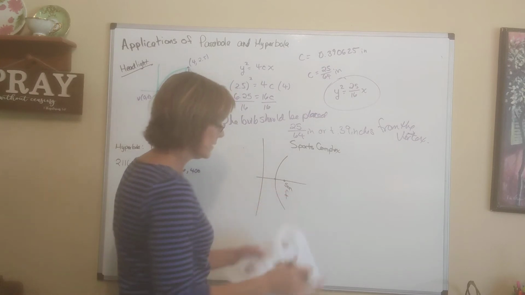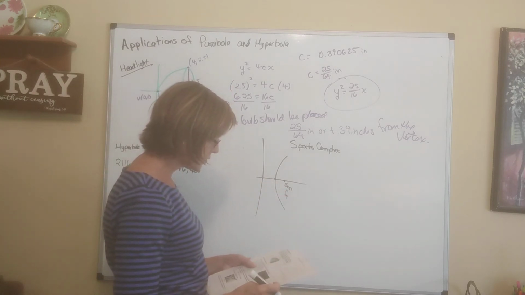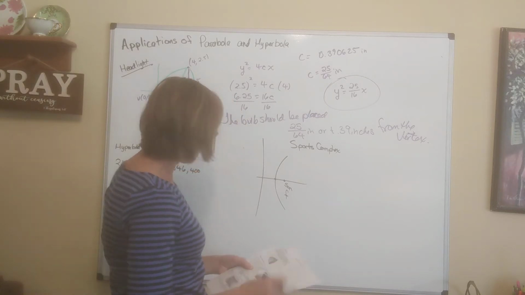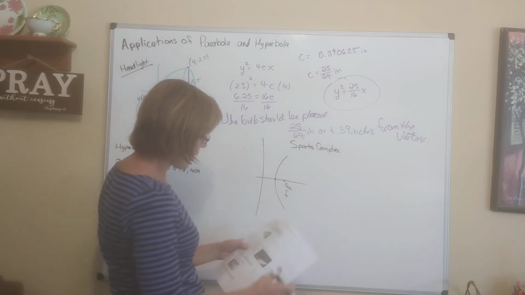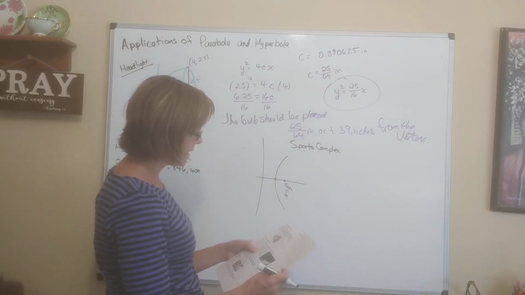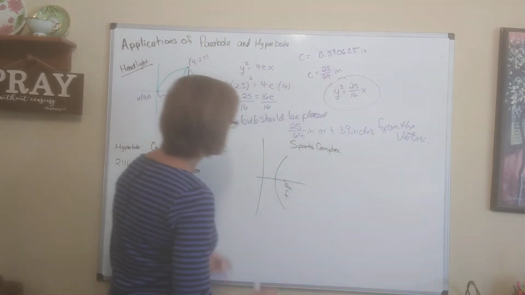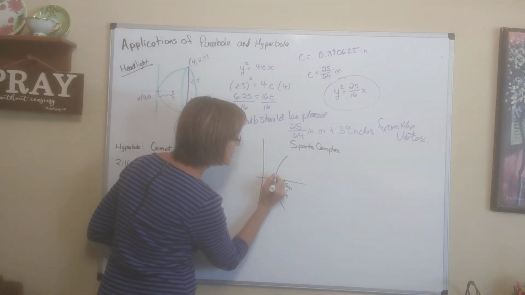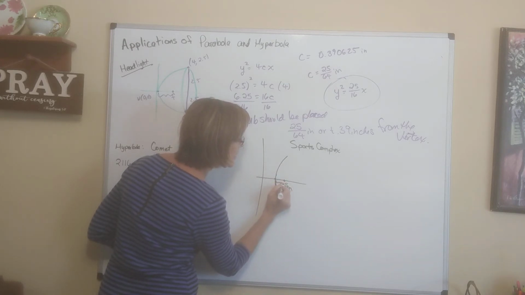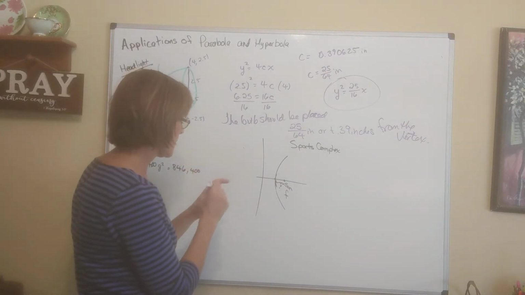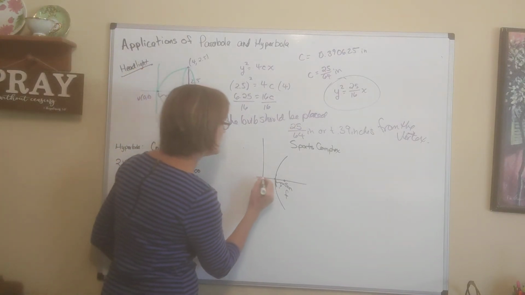All right. So it's asked us, the path is illustrated by this, and it wants to know how close did the comet get to the sun? Basically, they want to know what is this distance right there. Now, let's talk about what these other distances are.